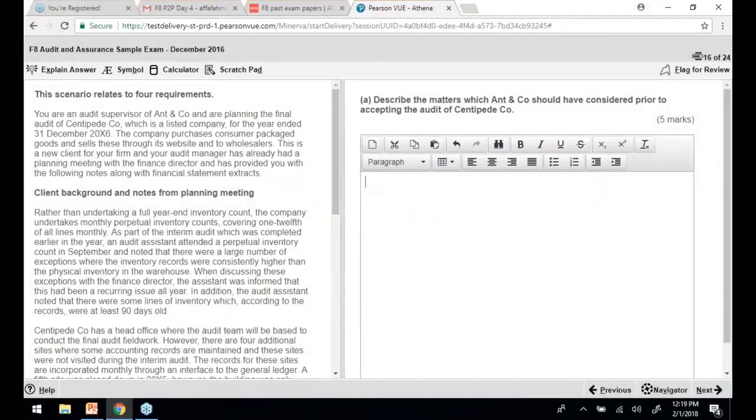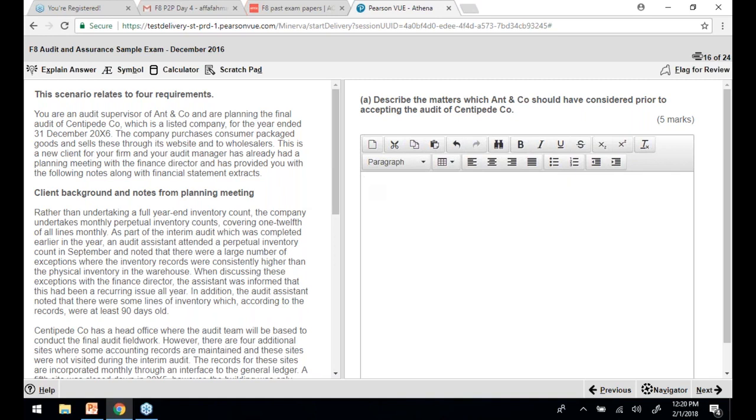I'm on the ACCA website right now. Because some of the functions are not available on the ACCA website, it's best that you use the actual platform that has been given to you. So these are the common things you're looking at.